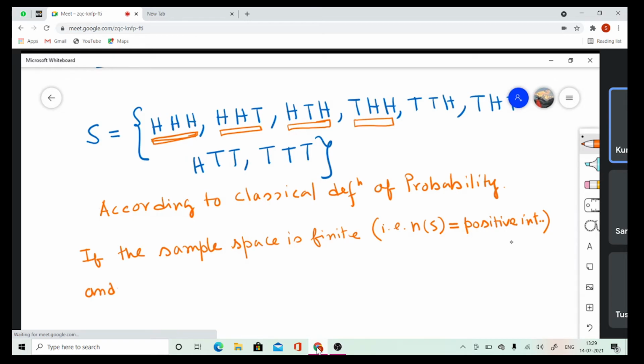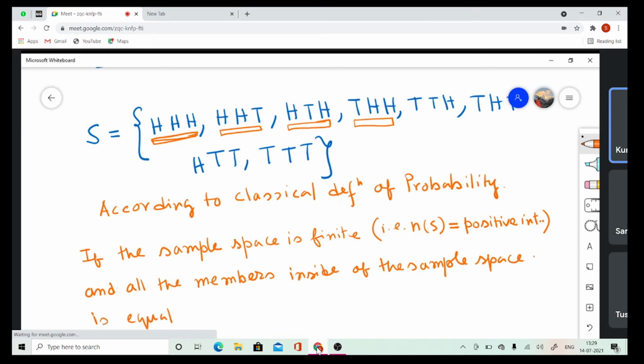First condition, the sample space is finite, and the second condition is all the members inside the sample space are equally likely to occur.